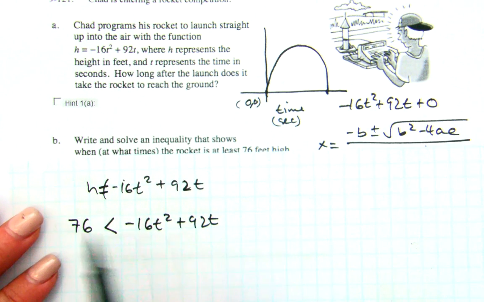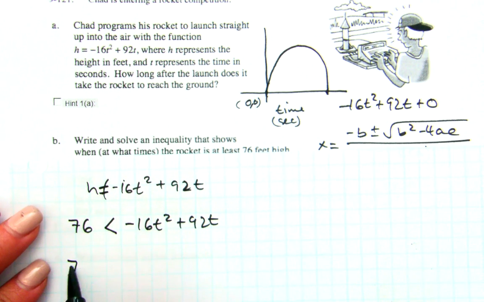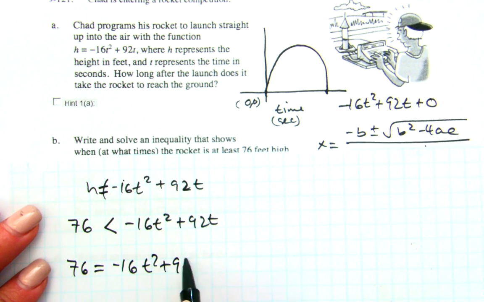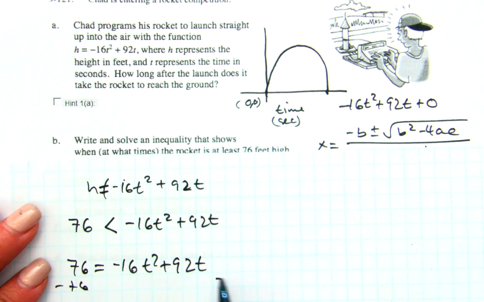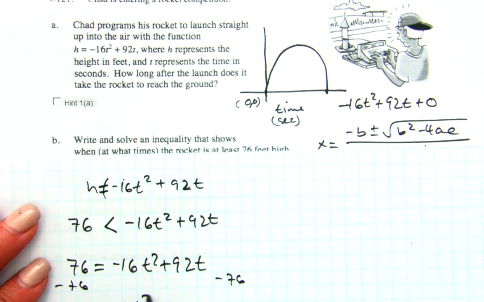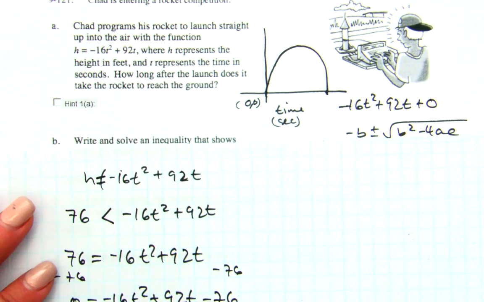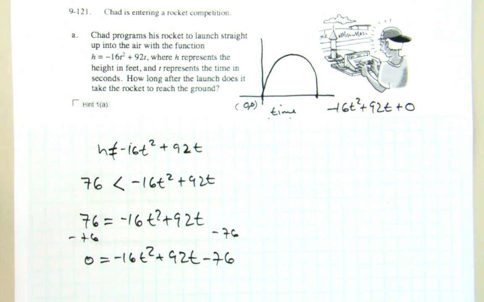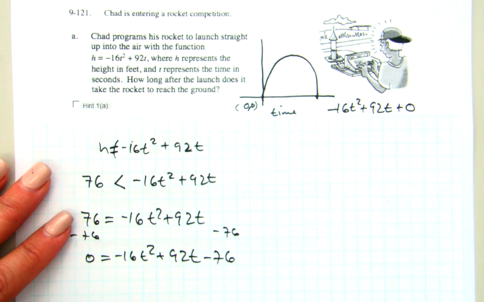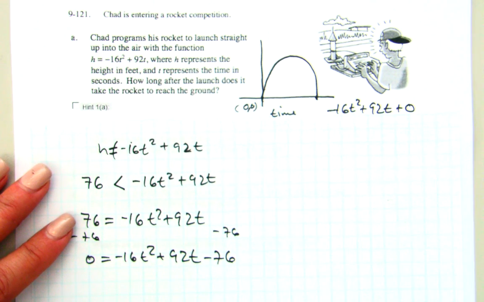So in this case, the way that you would solve it is to just pretend it's equal to. Then subtract 76 from both sides. So you get 0 = -16t² + 92t - 76, and solve it for the time, or in this case, you can say the x if you want to. Use the quadratic formula again if you're stuck.